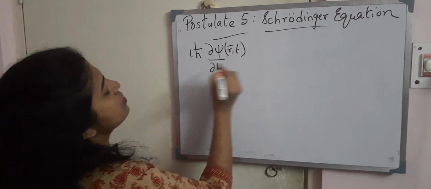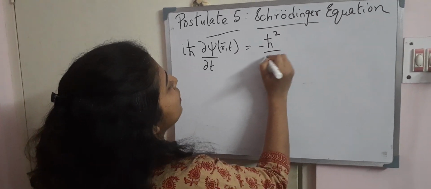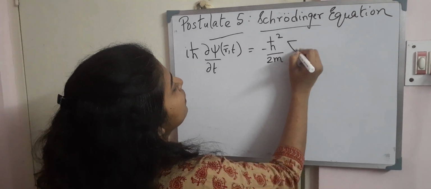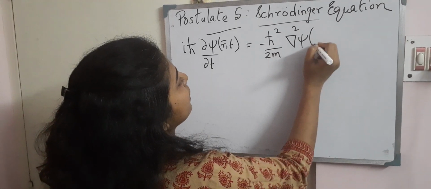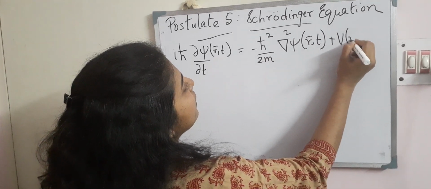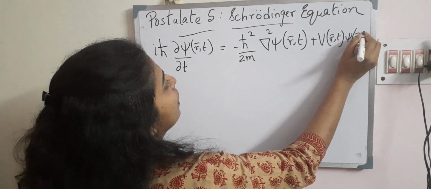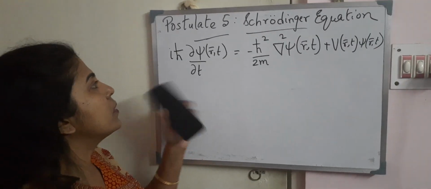iħ ∂ψ/∂t is equal to minus ħ² by 2m ∇²ψ(r,t) plus V(r,t) ψ(r,t). So what are the different terms here?